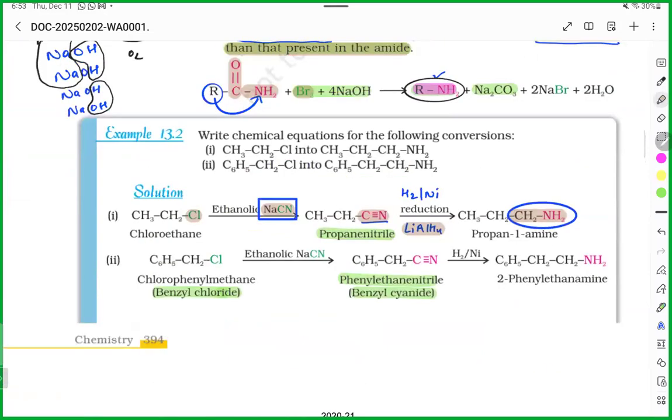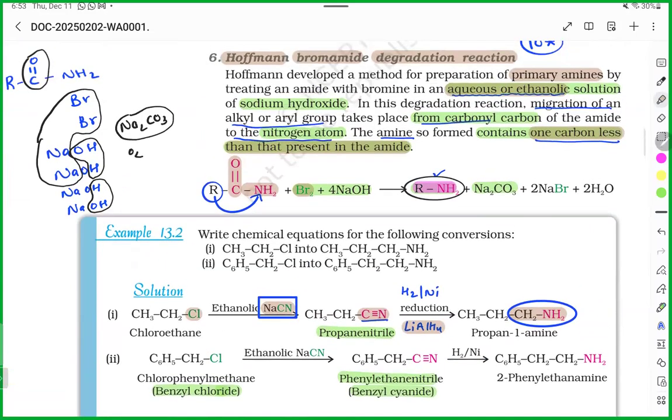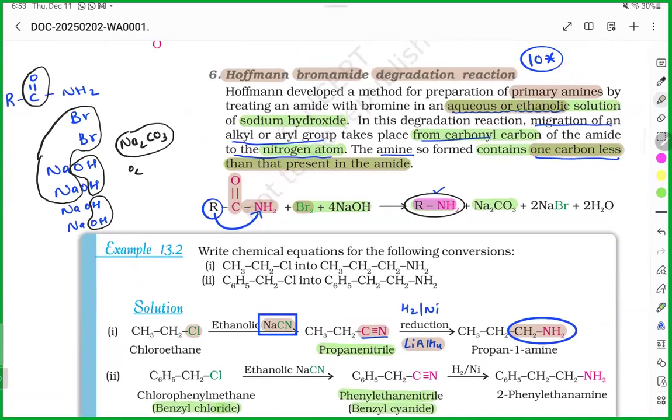Sir, in Hofmann bromamide degradation, we had a question. This week's test. What was the question?